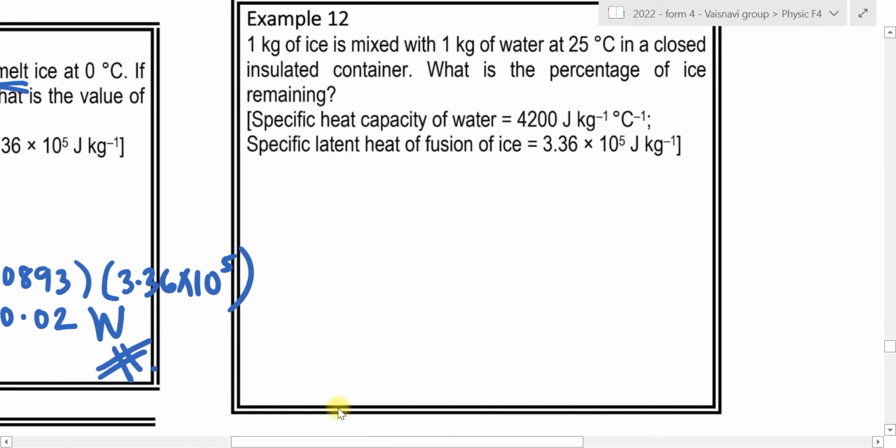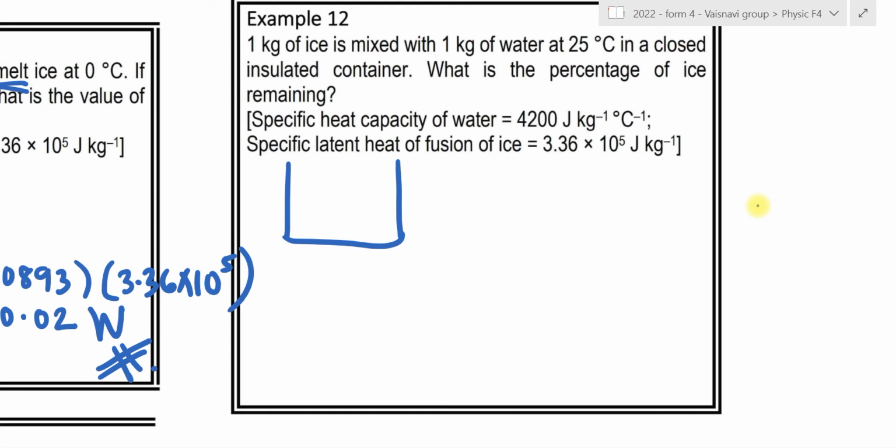Example 12. 1 kg of ice is mixed with 1 kg of water at 25 degrees Celsius in a closed container. What is the percentage of ice remaining? Try to illustrate the problem. So we have a beaker, 1 kg of ice mixed with 1 kg of water.